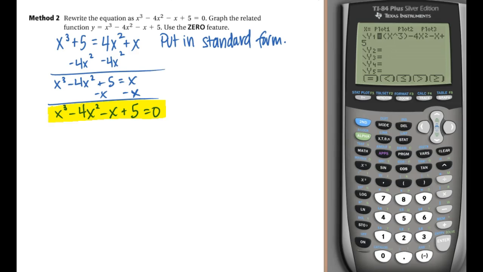Take a moment to type in the polynomial that we just talked about, and then go to your window and feel free to use the same constraints that I'm using, negative 5, positive 5 for the x min and max, and then negative 10 and positive 10 for y min and y max. So now going to the trace feature, we see the cubic function, and now we want to use the zero feature 3 times to get our zeros.